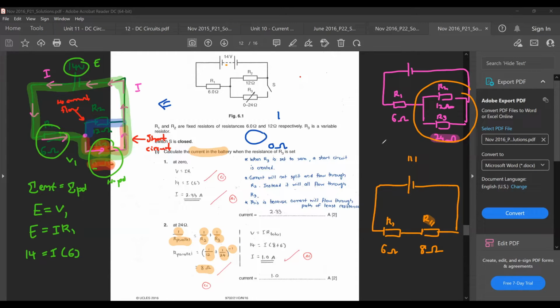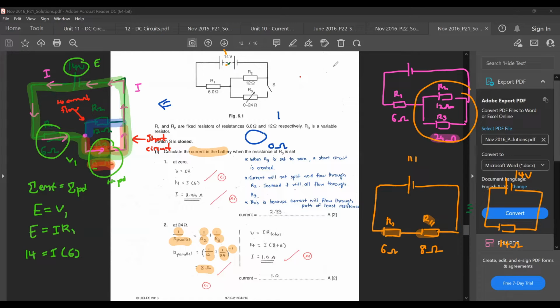So same thing as before, you want to apply Kirchhoff's second law here. Or actually you don't need to. What I did here was simplify even more, so that this circuit is now like this. Because these resistors are in series, I can just add them. 6 plus 8 becomes 14 ohms.